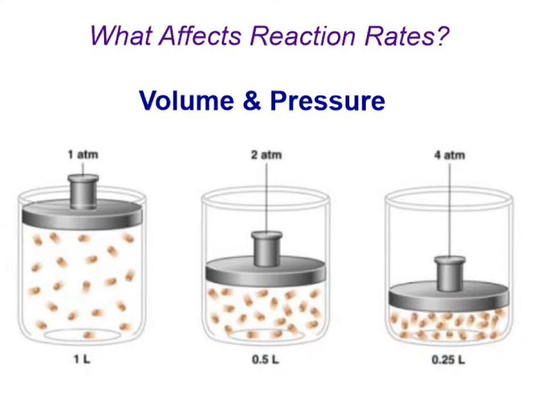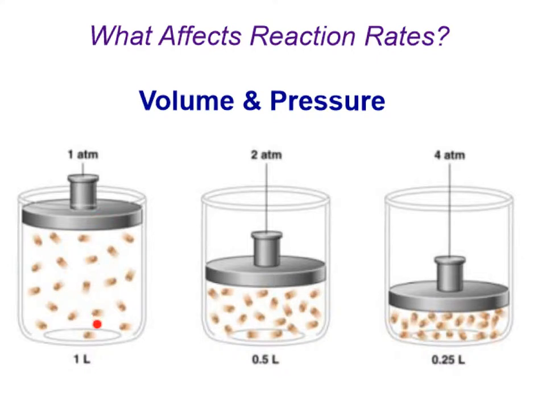For chemical reactions that involve gases, volume and pressure are important considerations, and they certainly affect the reaction rate. If we look at this gas here and we decrease the volume, you can see that decreasing the volume is going to increase the concentration of the gas, and that will increase the reaction rate.